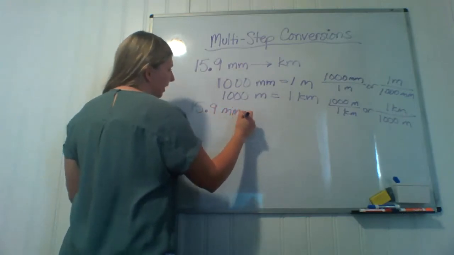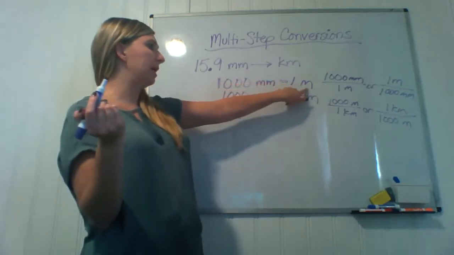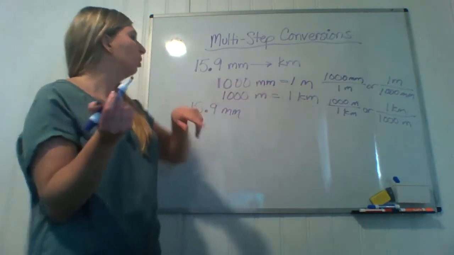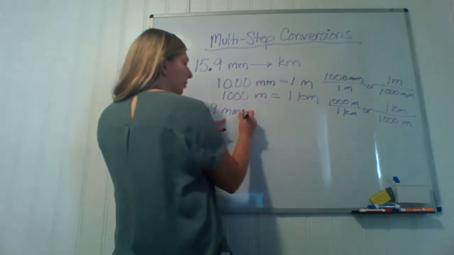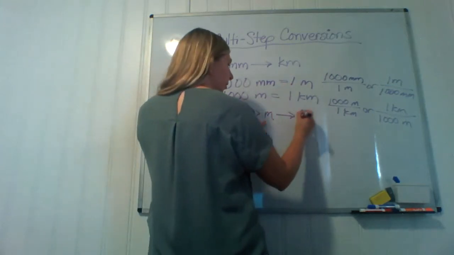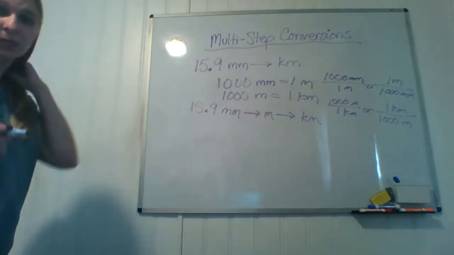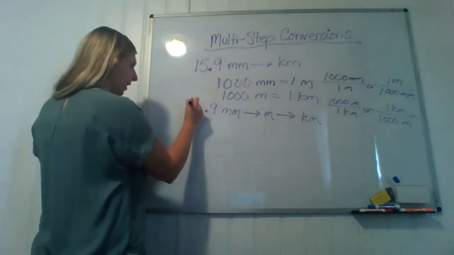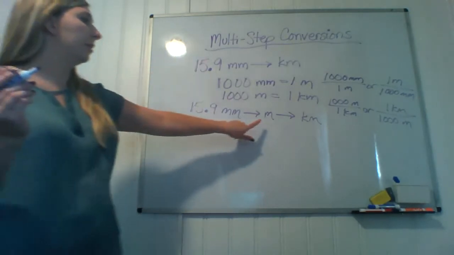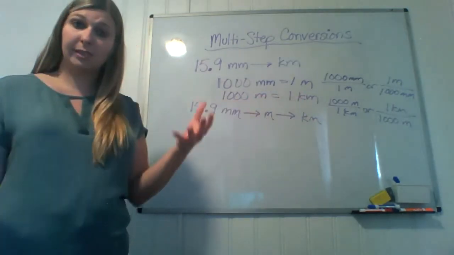We know that there's 1,000 millimeters in 1 meter, and then we know that there's 1,000 meters in 1 kilometer. So we can convert millimeters to meters, and then meters to kilometers. Okay. That's going to be our plan, the multiple step conversion. So we see that we're going to need 2 conversion factors in this setup.